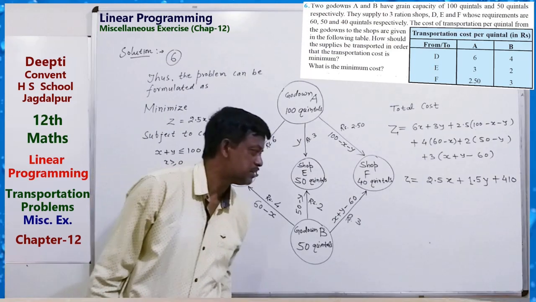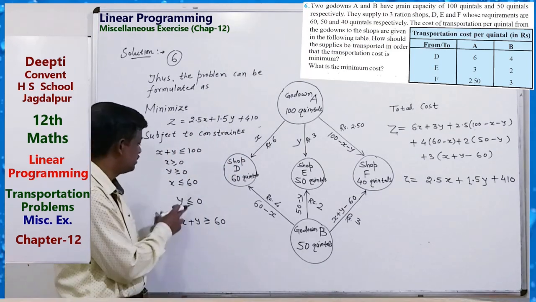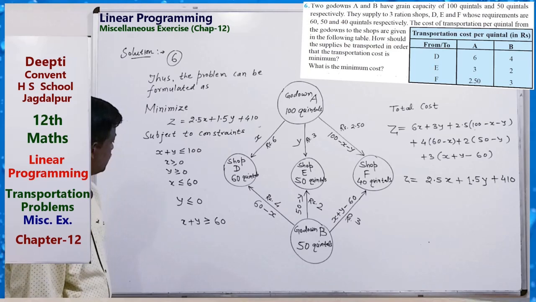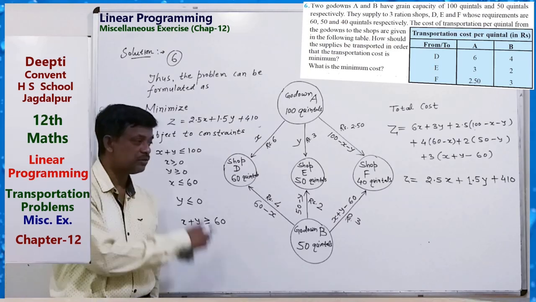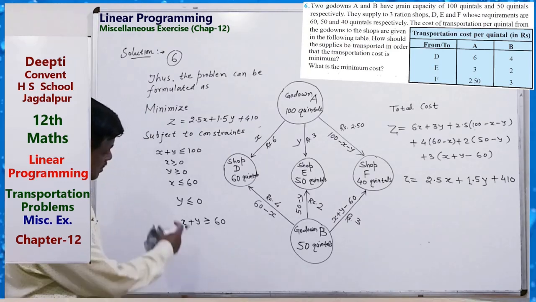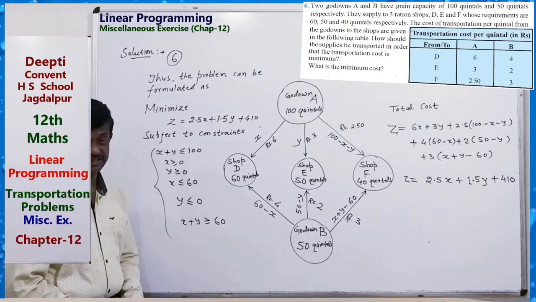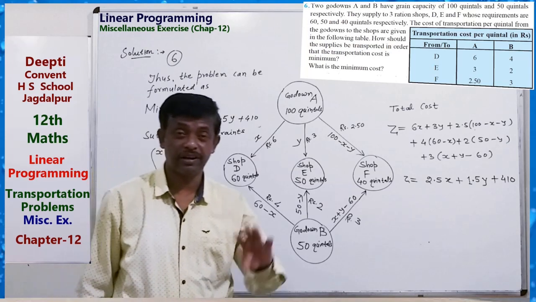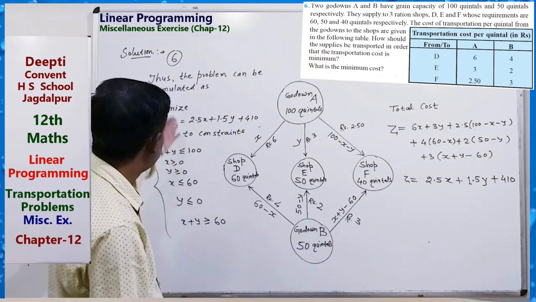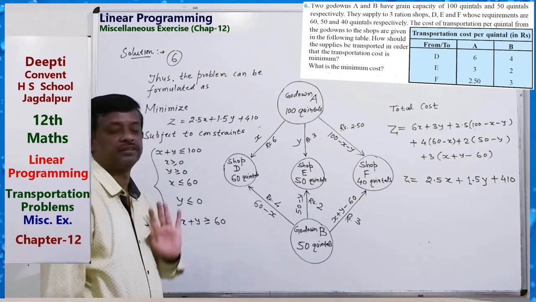Okay, x plus y is less than or equal to 100, x is less than or equal to 60, y is less than or equal to 60, x greater than or equal to 0, y greater than or equal to 0, and also x plus y is greater than or equal to 60. So these are our constraints. To solve this problem graphically, we have to draw the graph of this.